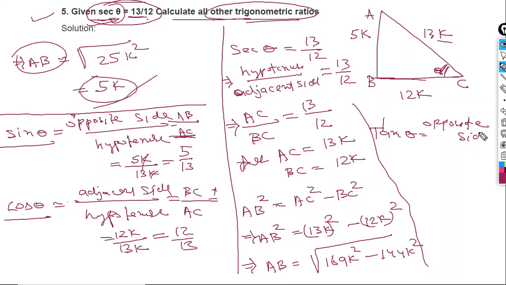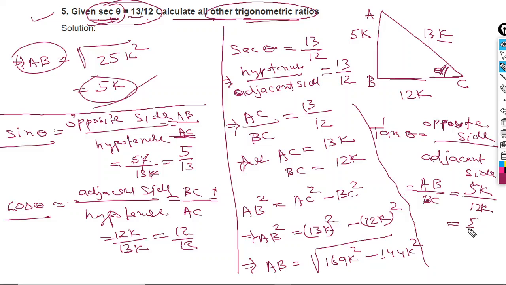The opposite side of theta is AB divided by BC, AB by BC, which is equal to 5k by BC, which is 12k, which is equal to 5 by 12.